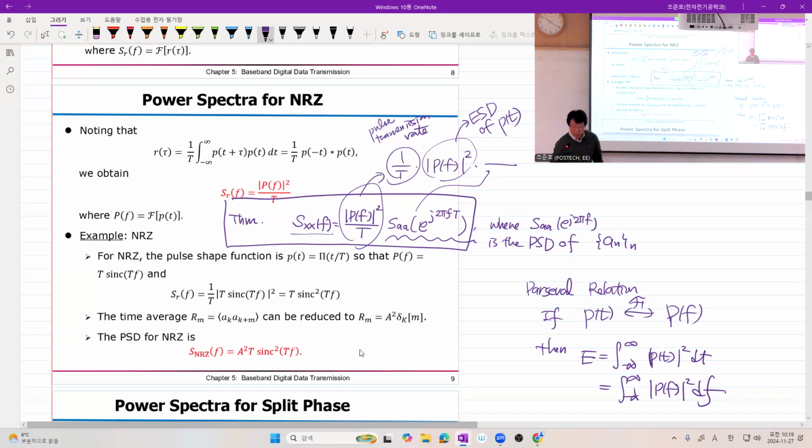And in many cases, this equals 1 for all f. In many cases, not always. Be careful. Now, if this is true, then our power spectrum just depends on the pulse transmission rate and the energy spectral density of the pulse. Of course, there needs to be some scaling, so we'd better say this one is proportional to.